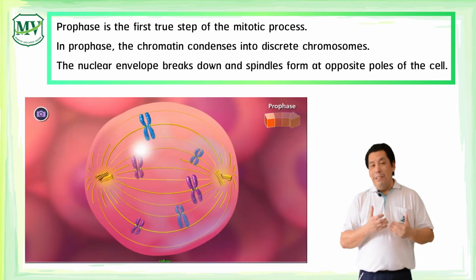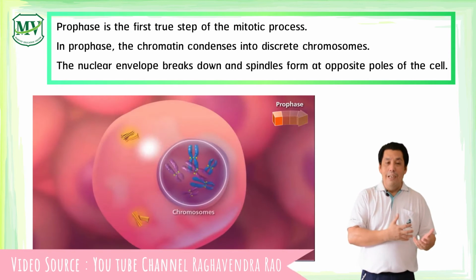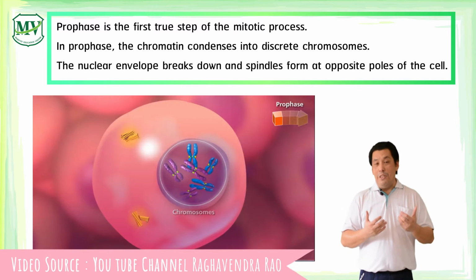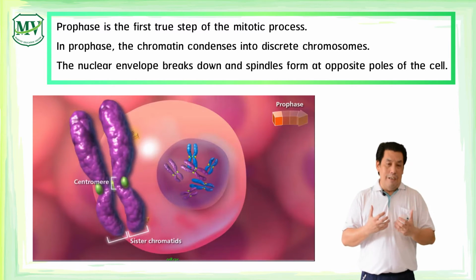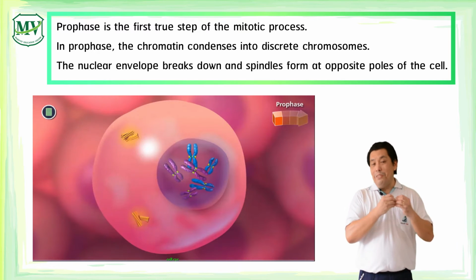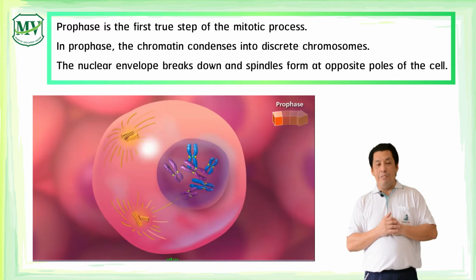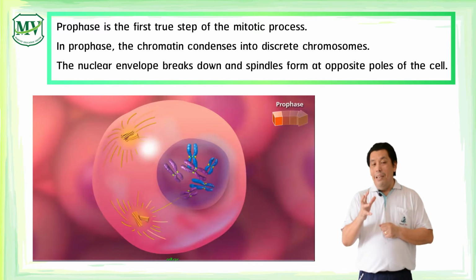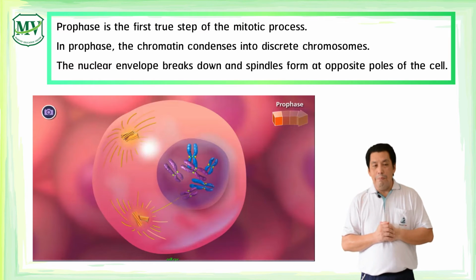The sister chromatids carry identical DNA and are joined together at the center, at the point called the centromere. The centromeres will serve as anchors that will be used to pull the sister chromatids apart during the later phase of mitosis. And that's what's happening inside the nucleus during prophase.